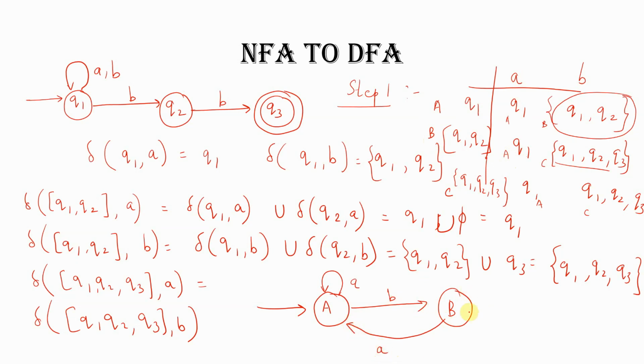Similarly, B on B takes you to state C. Then consider state C. If you are in state C and you get A, you go to which state? You go to state A. So from here, come over here on A. If you are in state C and you see B, you go to C.